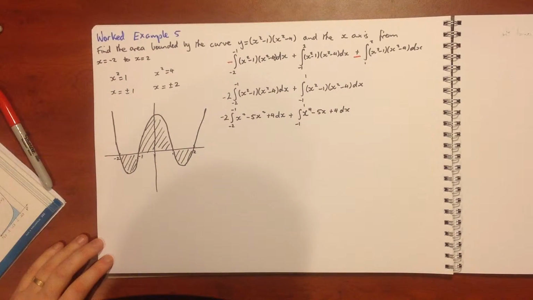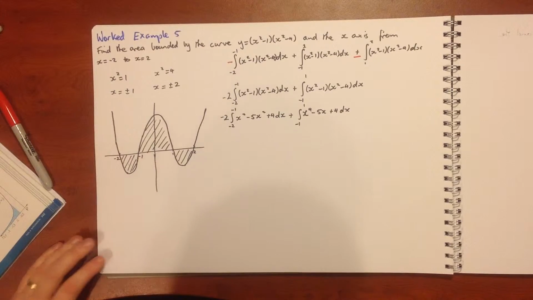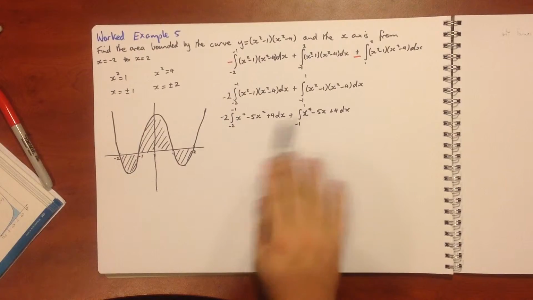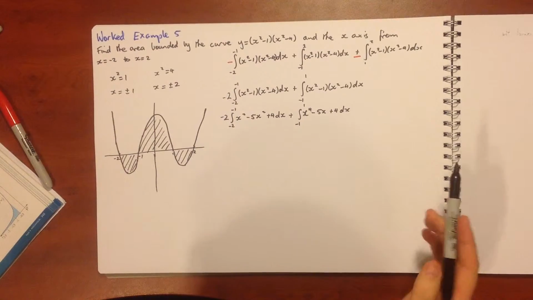So now we've got everything that we need to actually integrate this. You can see that even though we've split into regions, it's not horrible, because we're using the same function both times, so really we only have to do it once.